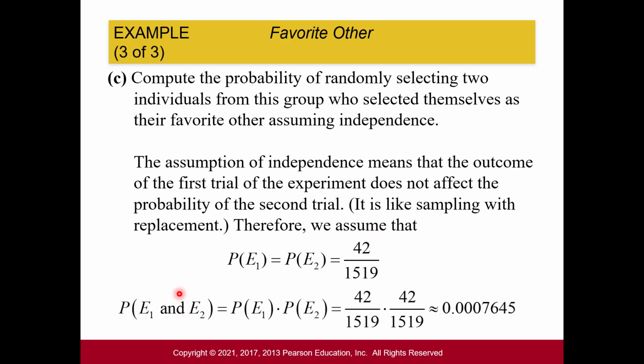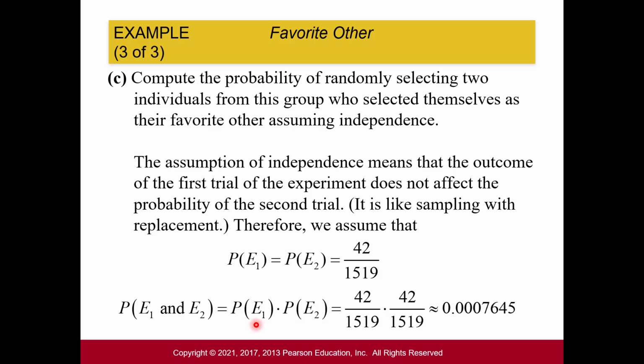Okay, and so the probability that we still select 2 people from the group, but not conditionally, not assuming that the first one selected themselves as their favorite, and then because of that, so the second person selected themselves as their favorite. So that rule was our general multiplication rule for independent events, which we learned previously.